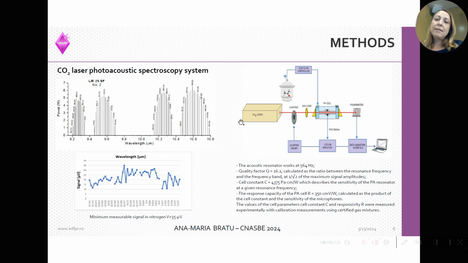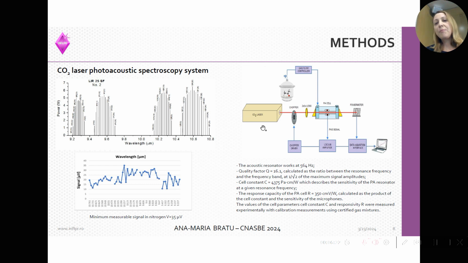The CO2 laser is tunable on more than 54 laser lines, depending on the rotational vibrational transition, and the gases are detected in the photoacoustic cell.